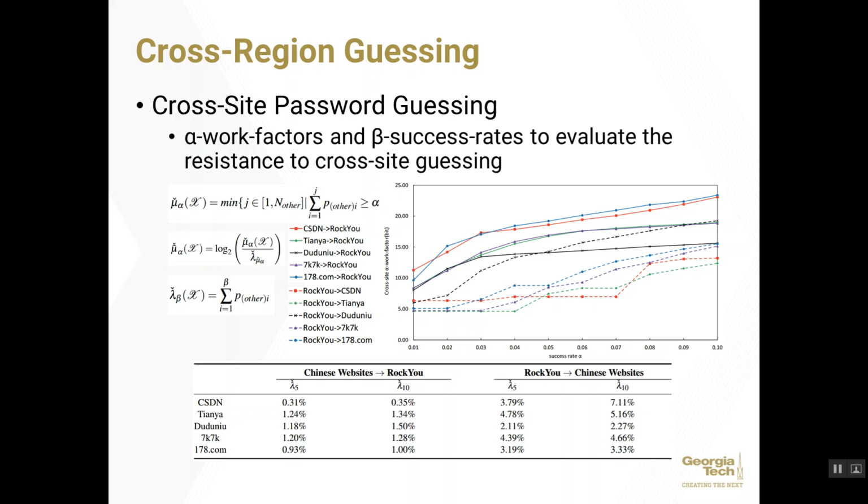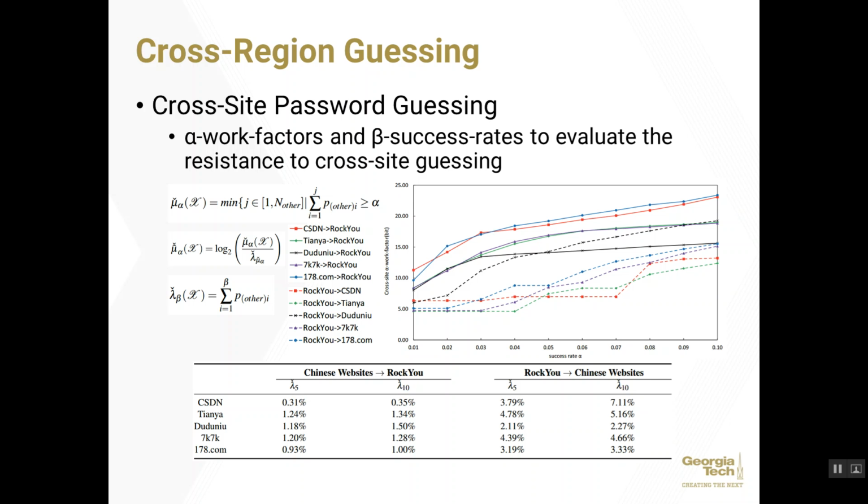This represents the situation where an attacker wants to crack passwords from a website whose passwords have never been leaked. The metrics are modified from intra-website password guessing to evaluate cross-site password guessing, with alpha work factors and beta success rates used to evaluate the resistance to cross-site guessing.